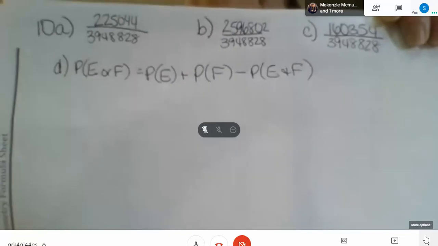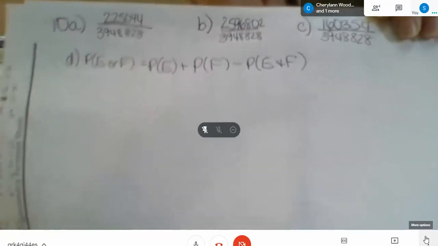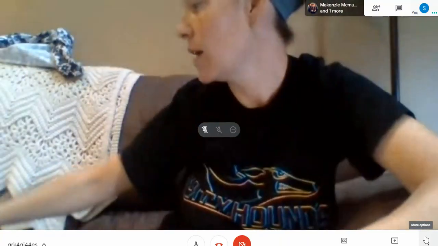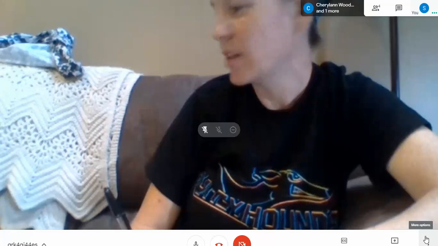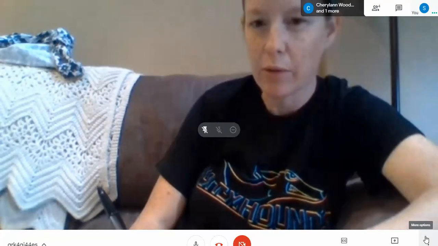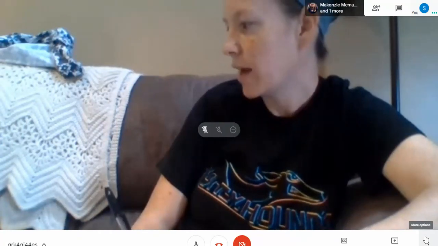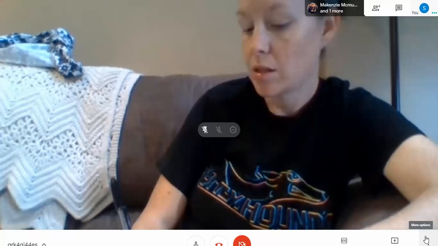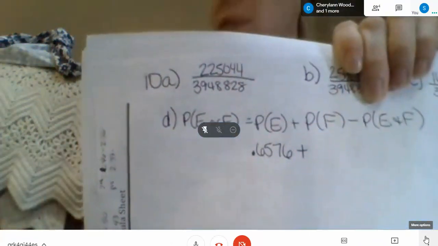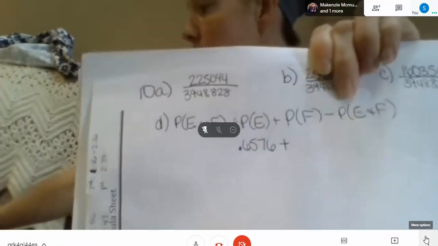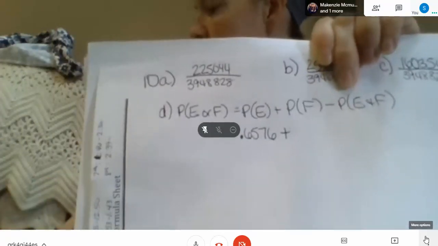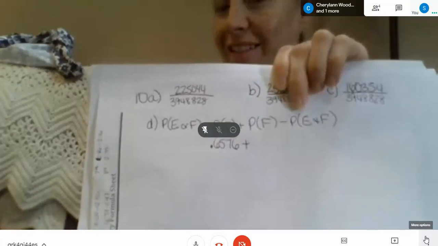So the probability of E, that's the probability of weighing 3,000 to 3,999. We did that in part B. So you could put the fraction. Can I just go ahead and put the decimal that we got when we divided those, if I'd showed that? So on part B, when you divided those, you should have gotten 0.6576. Speak up, guys. You with me?